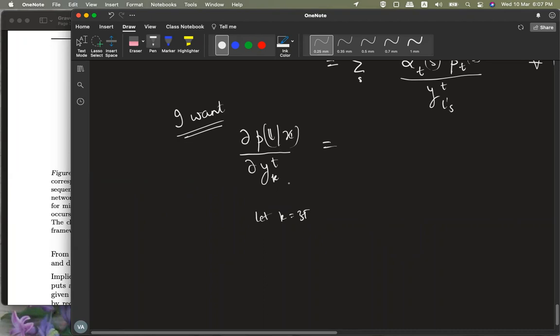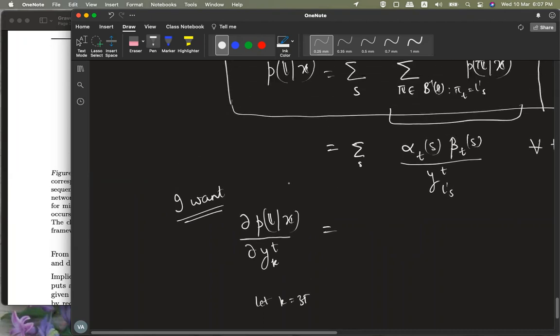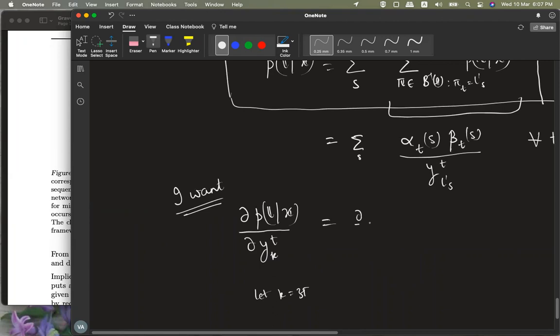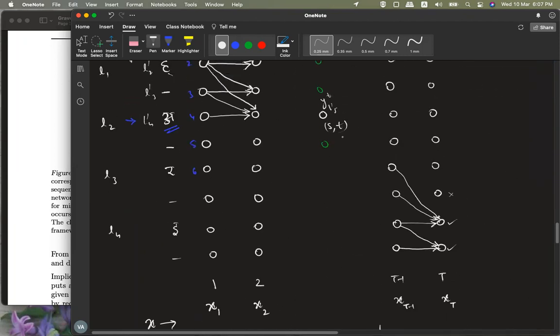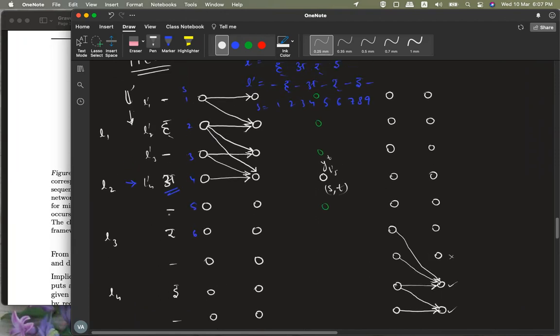So what will happen now? This is simply dou y_k^t of the summation over all s of alpha_ts, beta_ts divided by y_t^(l'_s). Now where does this label occur here? It is occurring at the fourth position, when s equals 4.